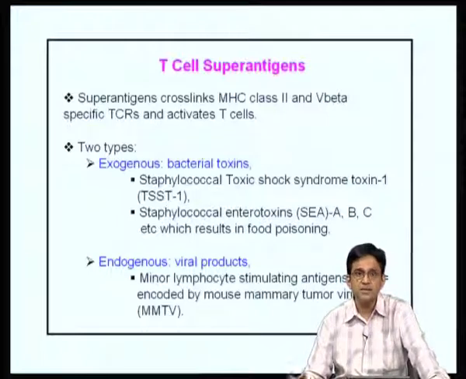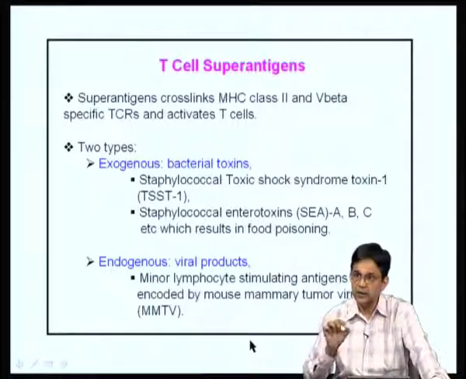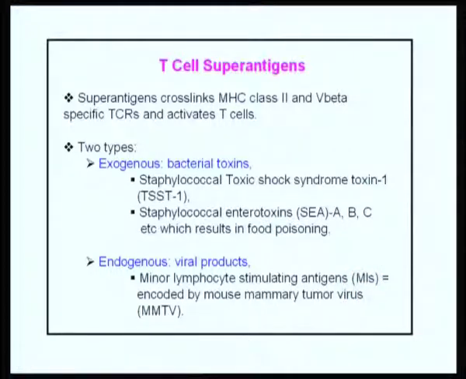This is known as the minor lymphocyte stimulatory antigens, one of which is encoded by the mouse mammary tumor virus, MMTV, and they were being passed down from a mother to litters. Since they are seen as endogenous, those mice lack certain V betas because they are seen as self, and so this deletion happens during thymic differentiation.